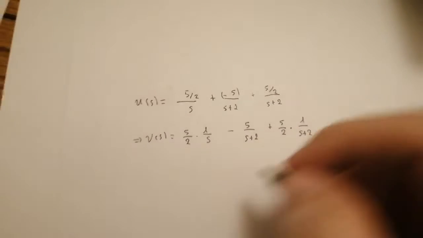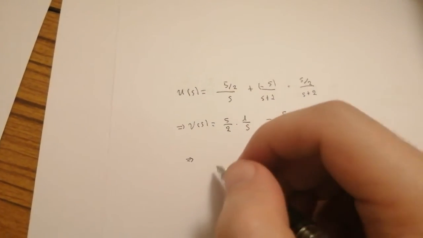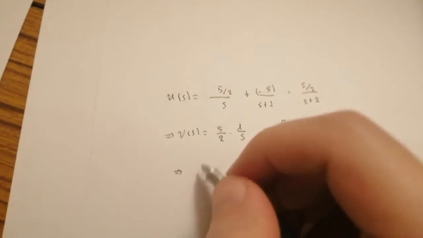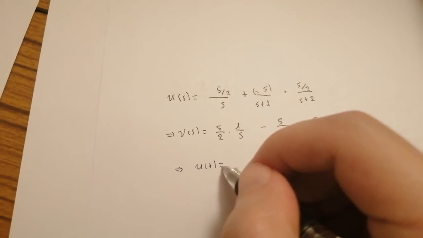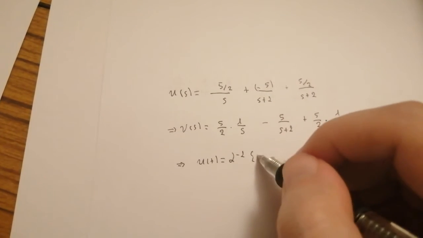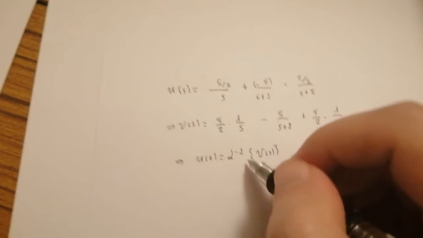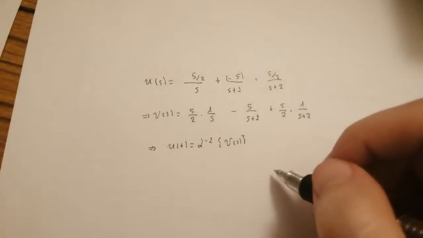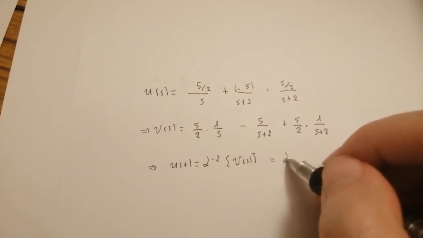Now, in order to find my solution, I just have to take the inverse Laplace transform of U of S. So the inverse of this gives me my U of t.